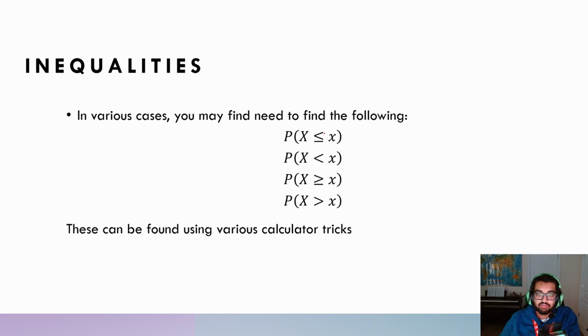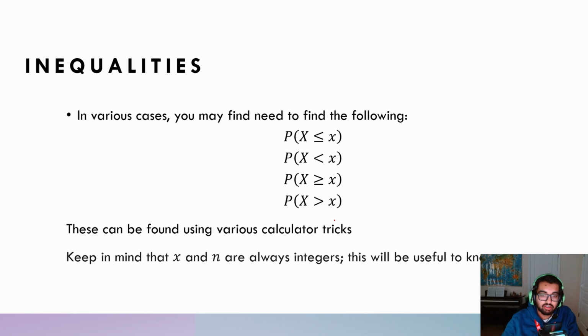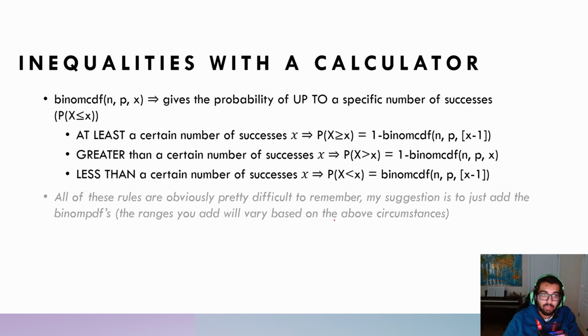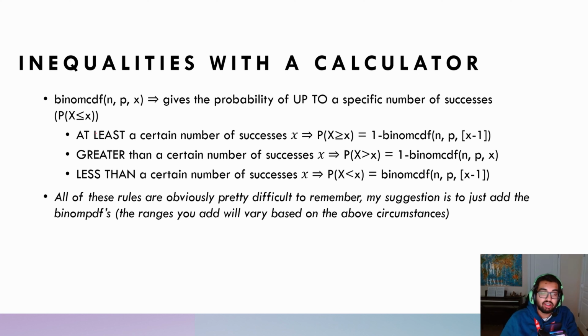You might need to find the values of some of the following, so these can be found using a number of calculator tricks. What you're going to want to know is that x and n are always integers. This is going to help you to figure out some of these. So binomial CDF, which means cumulative distribution function, of these parameters n, p, and x, will give you the probability of up to a specific number of successes.